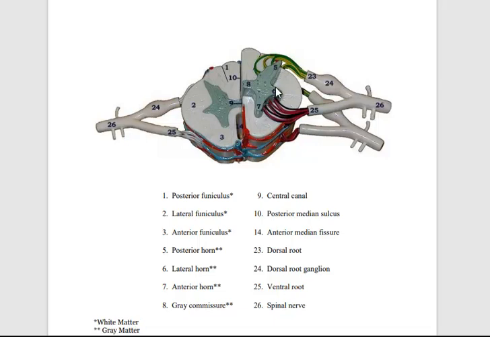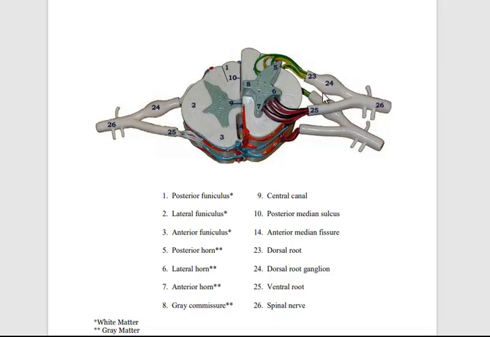Lateral on the side, dorsal or posterior in the back, anterior in the front, and then you just have to remember the gray commissure. Gray commissure. So that's a new term that we've not run into. Now, as you look at these bundles of axons coming out, you see this bulge right here.